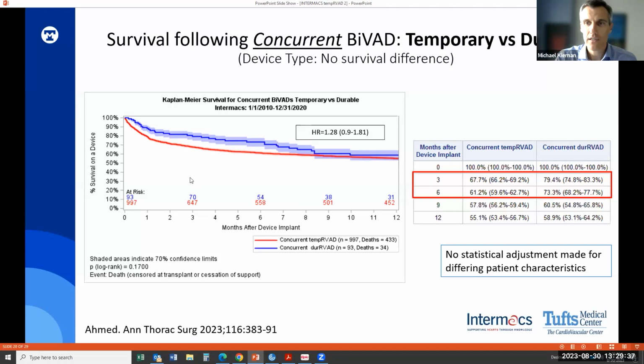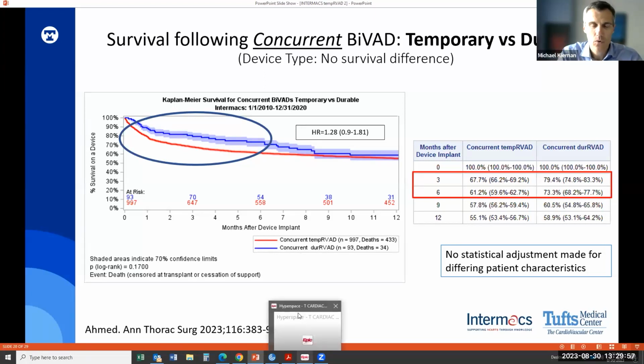It does look like there's a little bit of separation early, with survival of 68% compared to 79%. These curves cross over time. That survival actually favors the durable RVADs, but it does not adjust for baseline characteristics. So it is highly likely and most probable that patients who receive a HeartMate 3 BiVAD are dissimilar, not the same as patients who receive temporary support. Whatever drove a clinician to make the decision to put in a HeartMate 3 BiVAD versus a temporary RVAD, they may be very different patients.